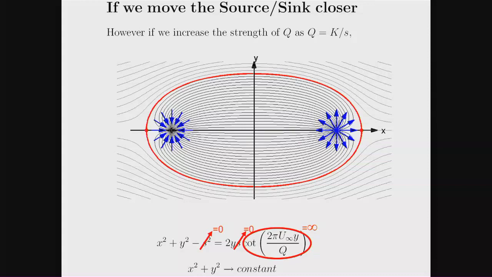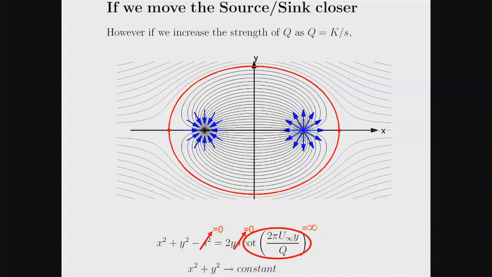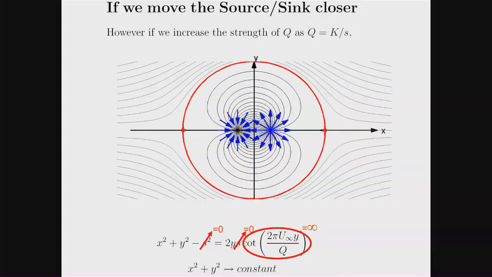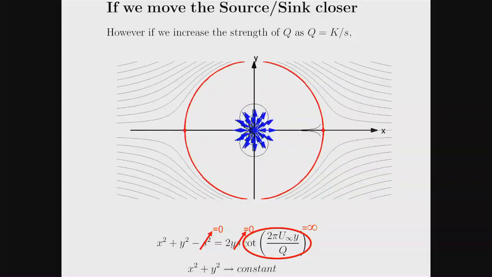So x squared plus y squared now approaches a constant, which means that our separatrix is going to be a circle.